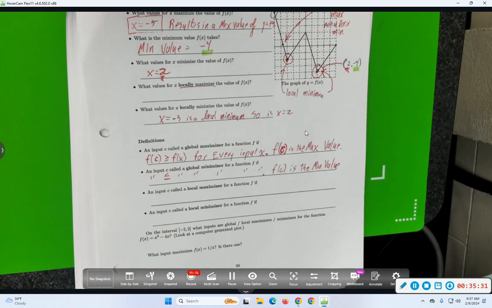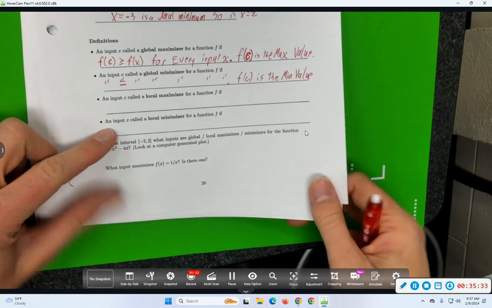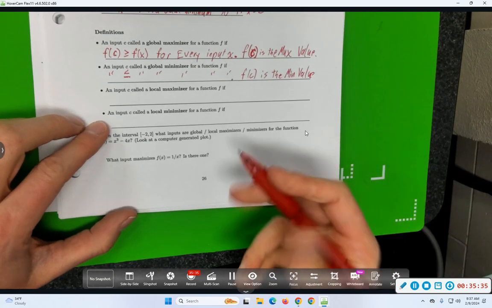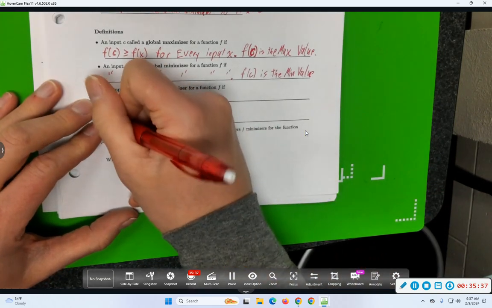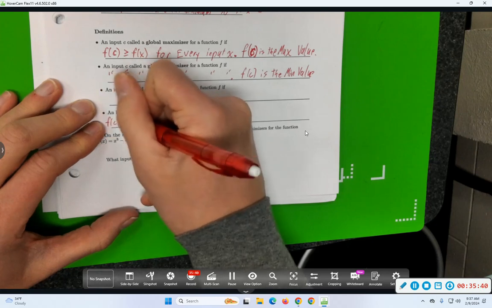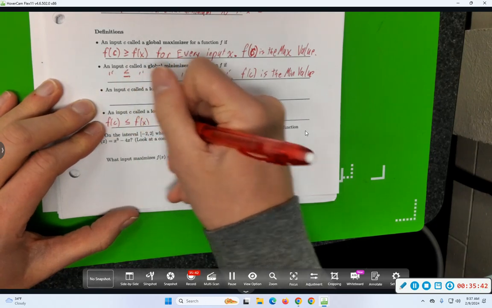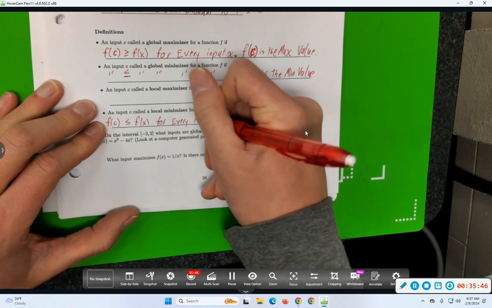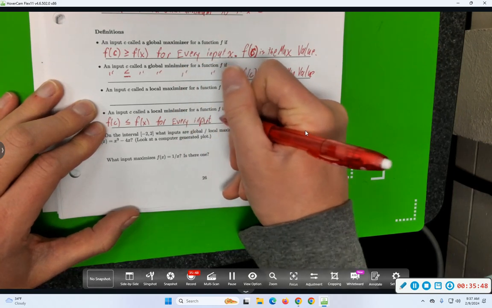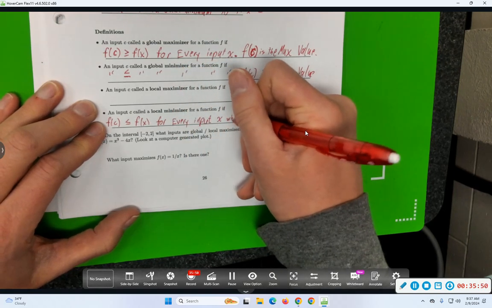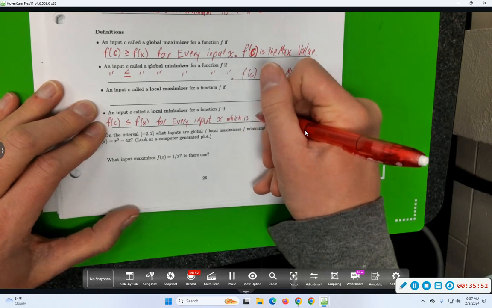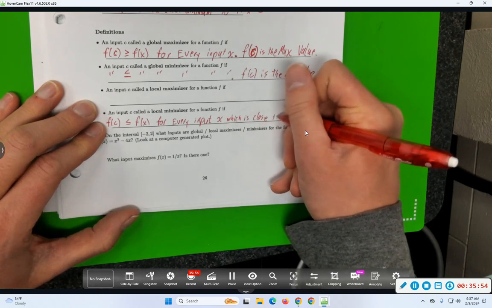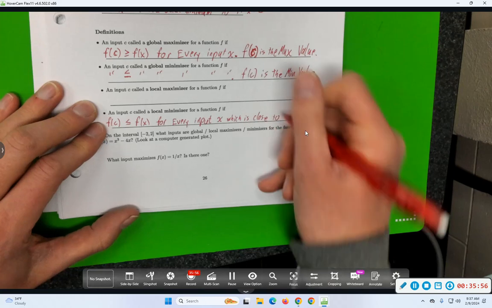Let's write down a definition. Since we just did minimizing, let's write down a local minimizer. If f of c is less than or equal to f of x for every input x which is close to c.